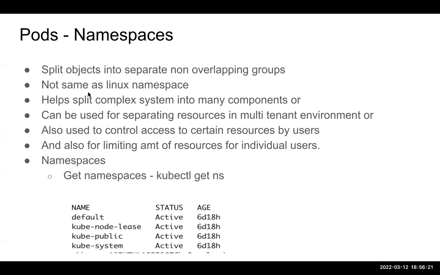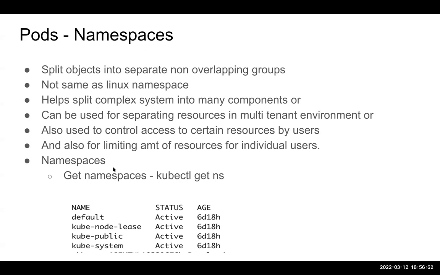Those could be different components of your company's applications, or the idea is that some components need more resources and some need less. You can define those resources using namespaces, and you can have access control to resources by users. And as I said, you can also limit the amount of resources.